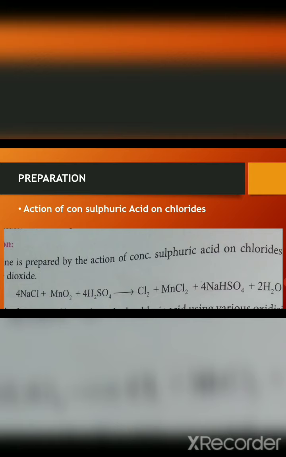See the equation: 4NaCl, that is sodium chloride, plus MnO2, manganese dioxide, plus concentrated sulfuric acid, that is 4H2SO4, gives chlorine gas, Cl2, plus MnCl2 plus 4NaHSO4, sodium bisulfate, plus 2 water molecules. So this is the equation for the preparation of chlorine.